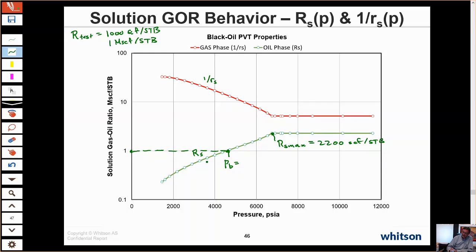The GOR we have, this is our GOR, 1,000. It's less than the 2,200, so it's somewhere down here. So we go in here, we read the bubble point here. That's about 4,500 PSI.